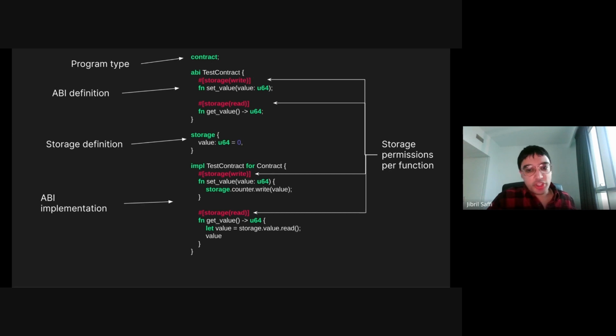Then we have a storage definition. So here's the value that we're manipulating. It's set by default to 0. Importantly, lots of devs struggled with this one, and we've been thinking of changing the language to make this more explicit. This 0 doesn't mean that when you deploy the contract, the default value has to be 0.